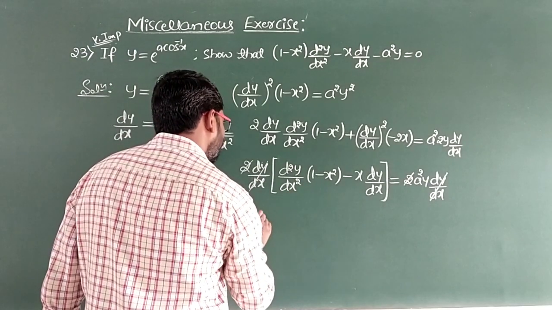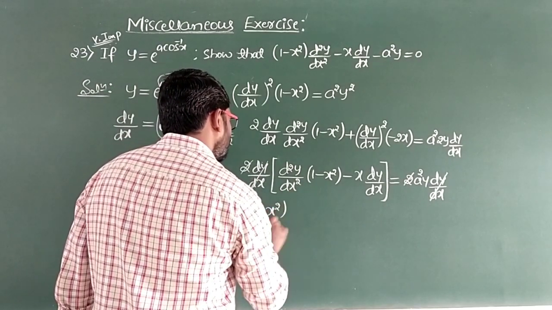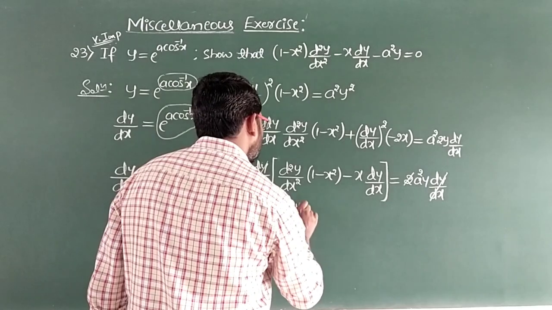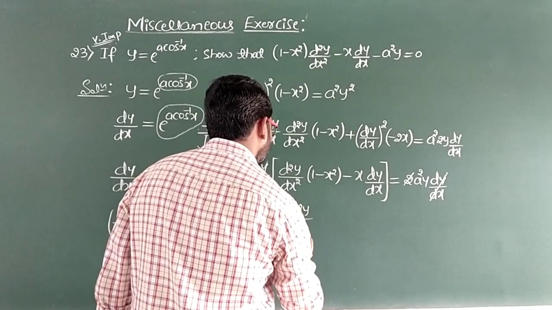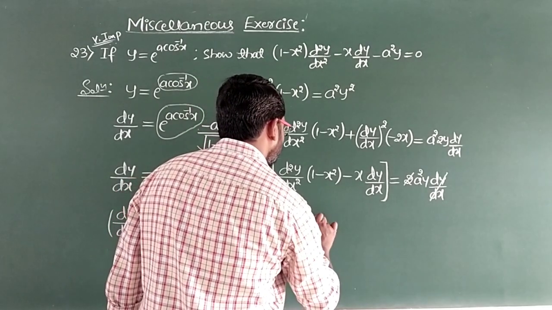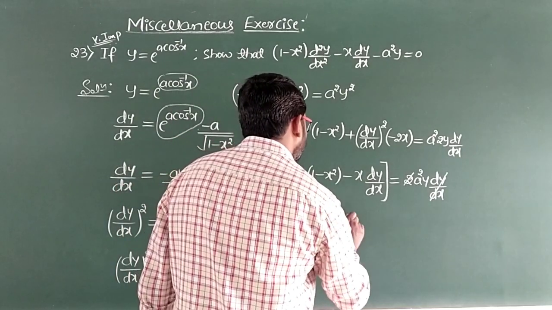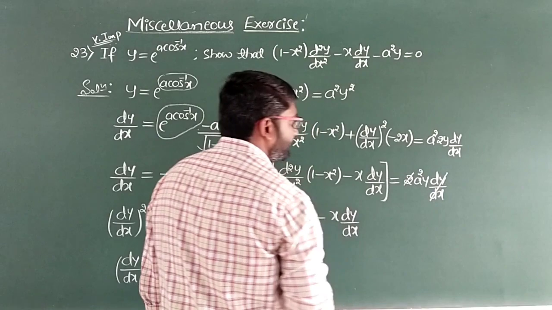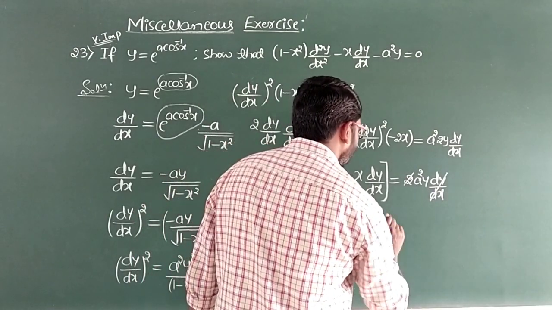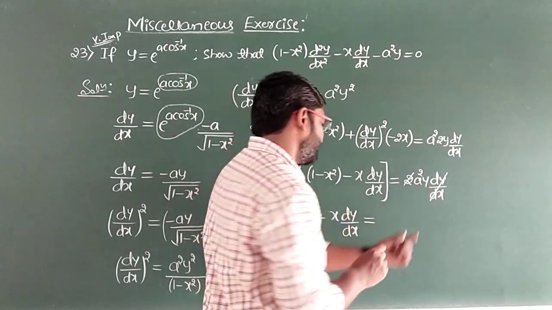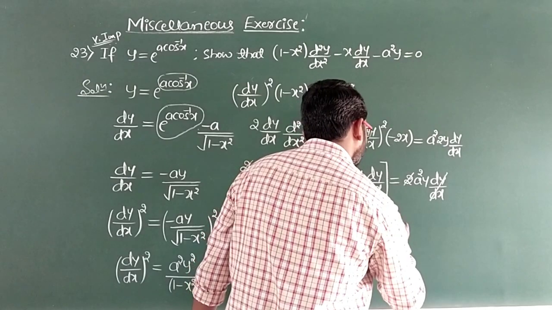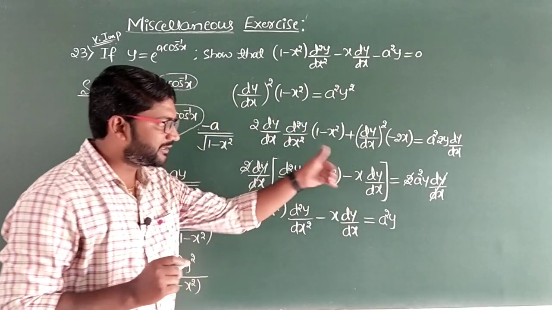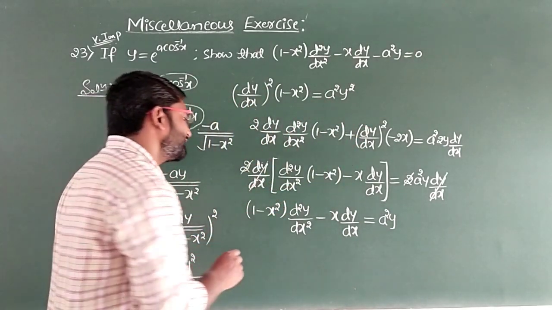So here 1 minus x square into d square y by dx square, then minus x dy by dx, then this is equal to, so we have only a square y now. In the next step, take a square y to the left hand side, it becomes minus a square y.